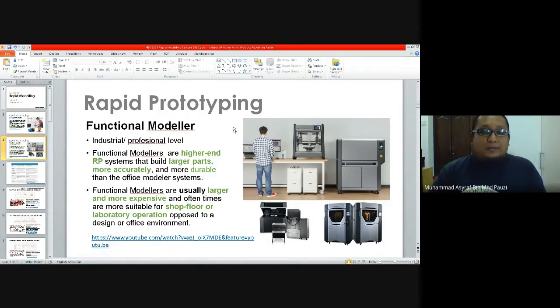That means you can get a desktop printer for the same price as your laptop or your desktop computer. But for a functional modeler, the price of the printer is much more expensive. It can go up to 12,000 and hundreds of thousands. It depends on the material and on what kind of technology is being used.